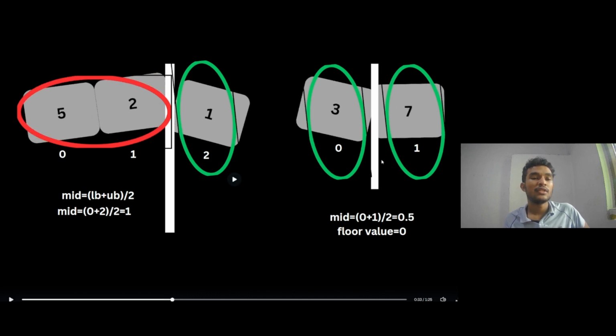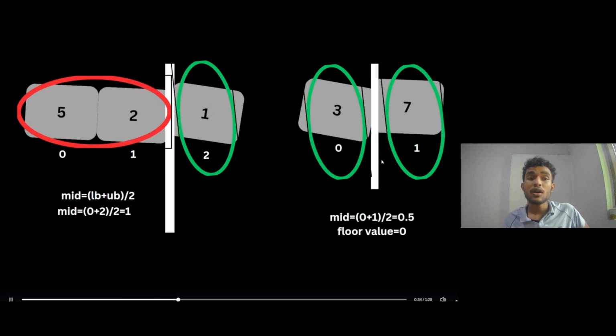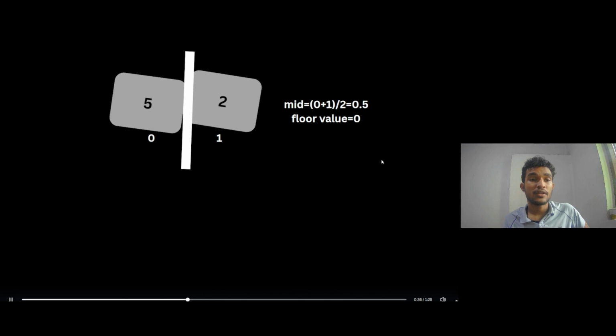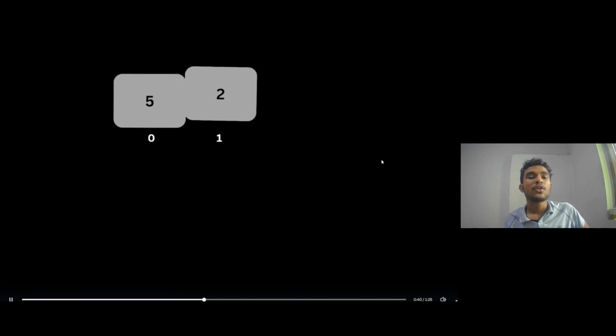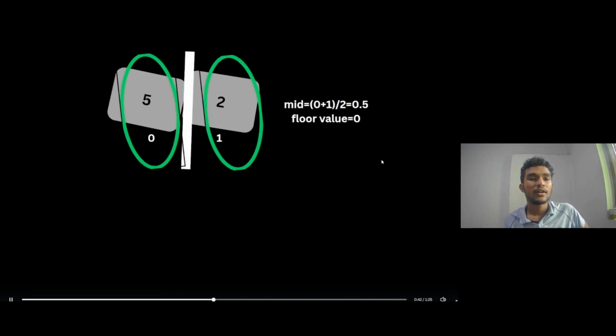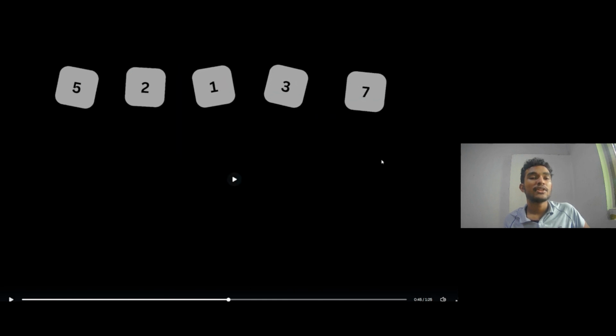So we no longer need to call 1, 3, 7 again. We need to break down 5, 2 until single elements. So let's break this down again. When you find the mid value, it comes as 0.5. So again we are breaking down at 0, because the floor value is 0 here.